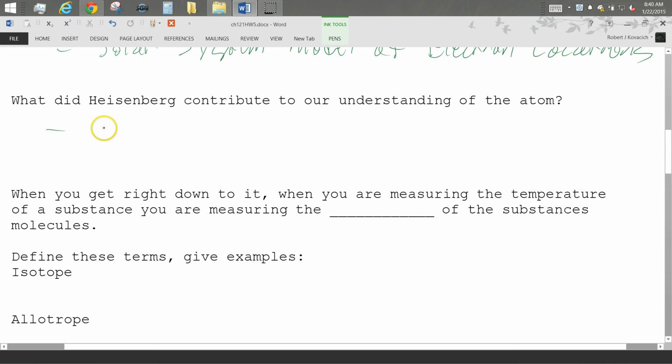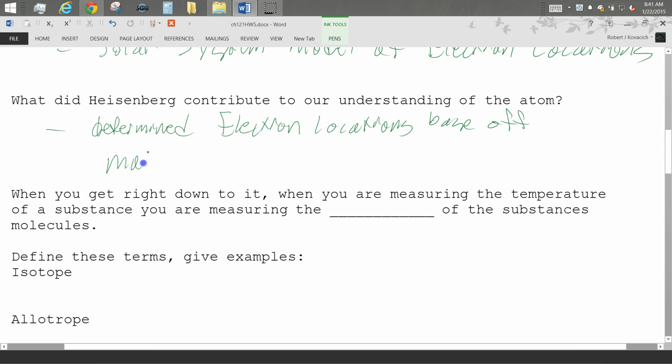Yeah. So he, let's say, determined where the electrons are going to be located based off of math, some really hard math.